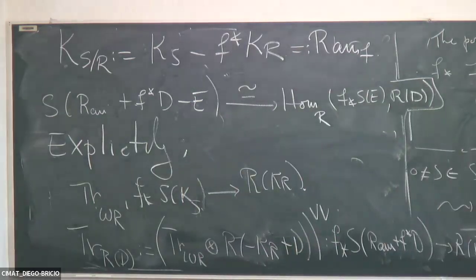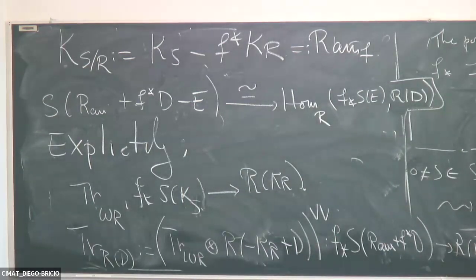That means, another way to think about it, is that if you multiply by S, you get a map from here to here.